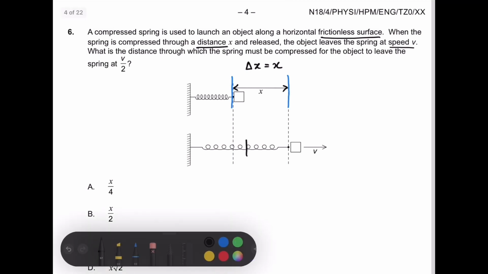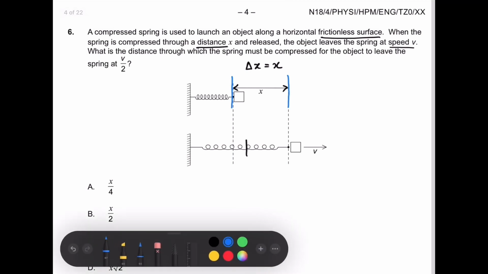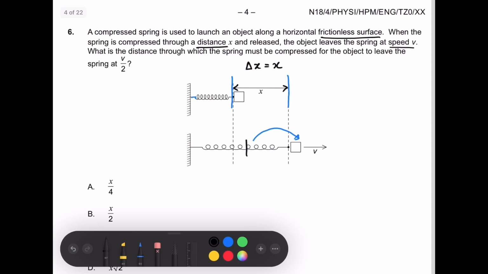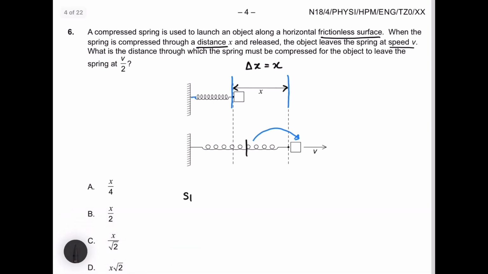Now this compression creates energy in the spring, and on release the spring transfers the energy to the body, right? So I can write that the spring energy is being converted into the kinetic energy of the block.